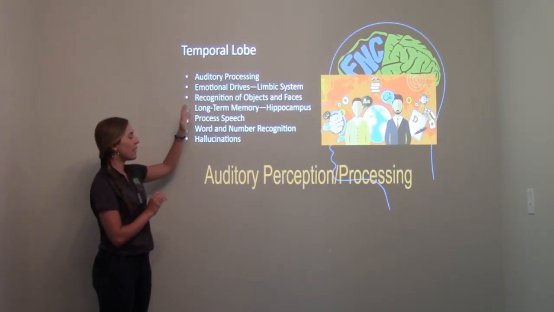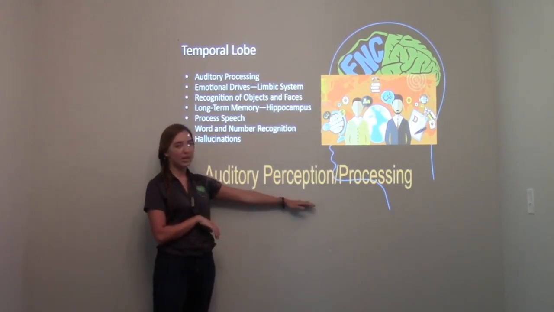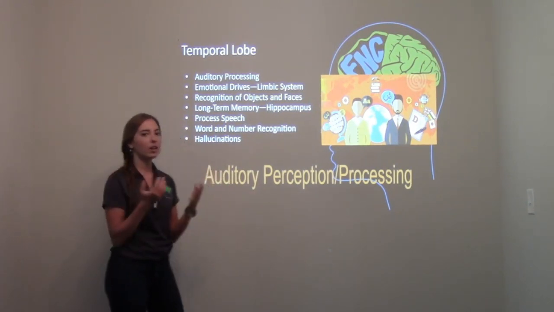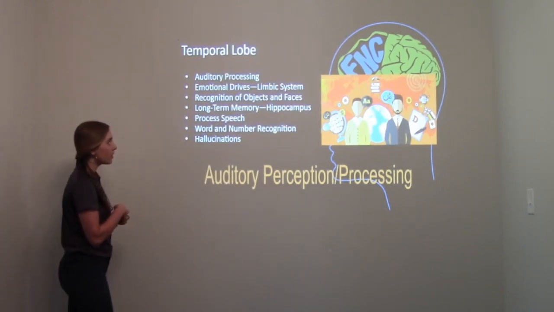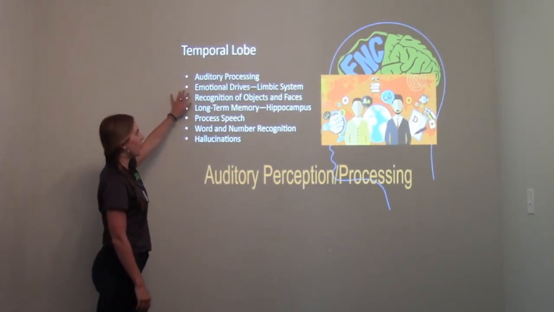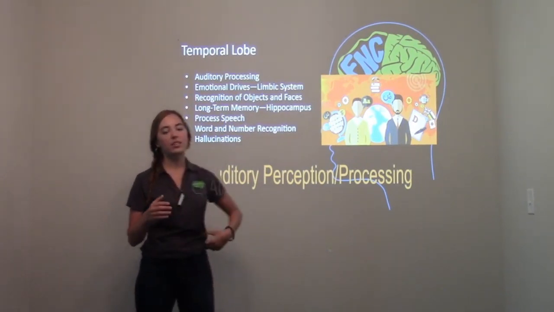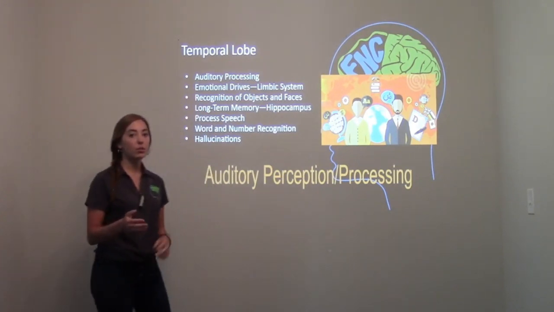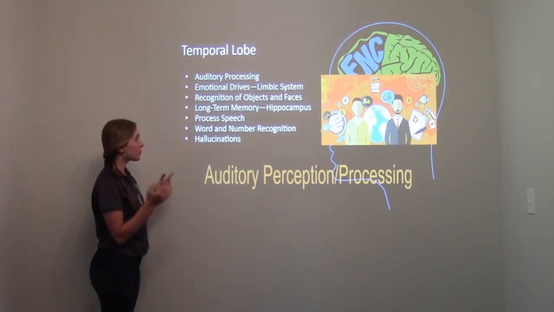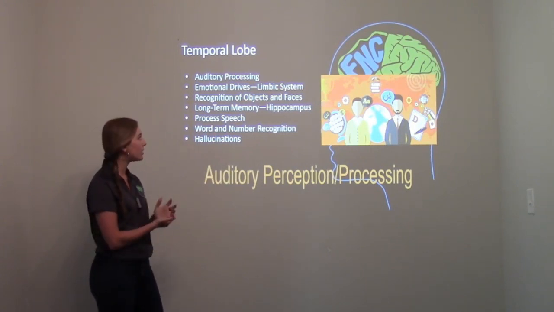So we're gonna come back with our temporal lobe, which is our auditory and perception processing center. So we think about auditory information as the main role of our temporal lobe, but I want you guys to look at this list and understand that our temporal lobe does so much more. It's really involved with our limbic system, which is responsible for a lot of our emotional drives.